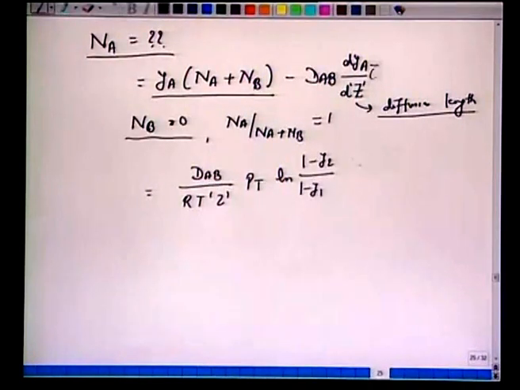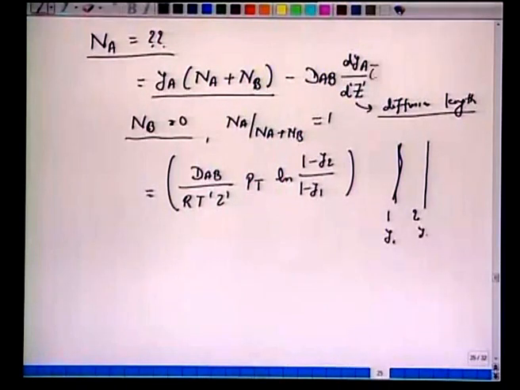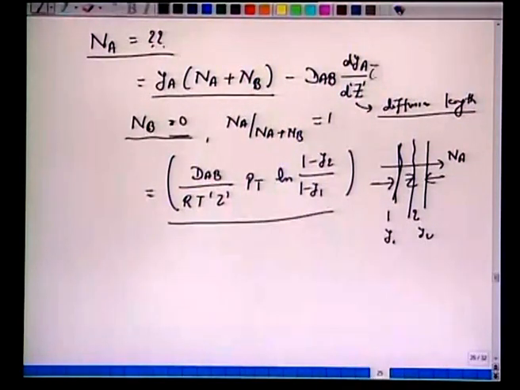This we have done after integration. You can go back and look at your class notes. Essentially we have two planes 1 and 2 with mole fractions y1 and y2, and this diffusion length z. If we integrate Na, writing down the equations at any location between them, with Nb equal to 0, you should be able to obtain this. Most important here is that this quantity can be written as Ky, the mass transfer coefficient, into (y1 minus y2), the mole fraction difference.